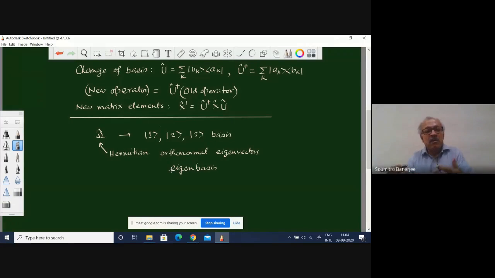If you want to observe momentum, then we express in the momentum eigenbasis, and so on. And it is also possible to convert from one basis to another. So this is something that we have to understand. For Hermitian operators, we can do this, and that's another thing that we learn. Okay, so let us go ahead with that.